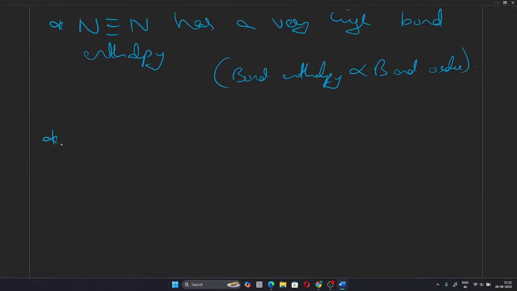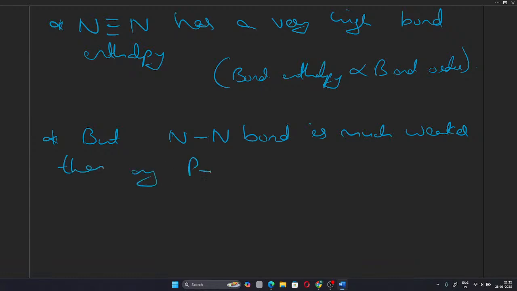But the N single bond is much weaker than any phosphorus bond or other single bond.